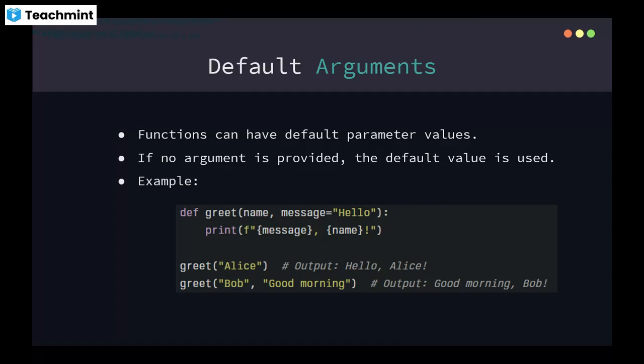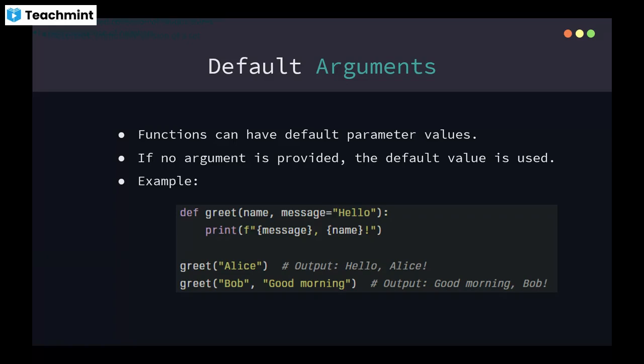If you want to change this message from hello to good morning or good night, then only you send that variable. Else it is not compulsory. These types of arguments are called default arguments, which have some default value, so it is not compulsory to send that value while calling this function.